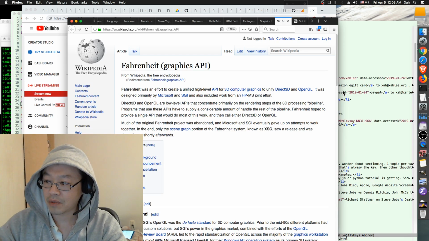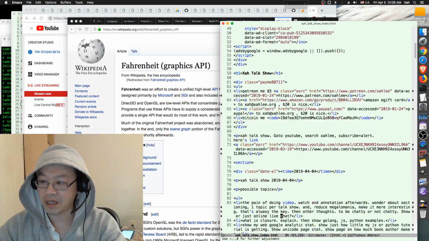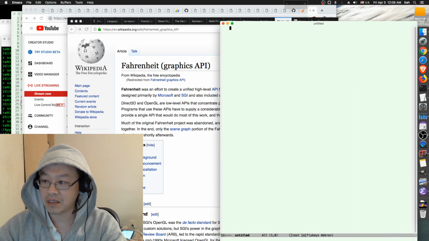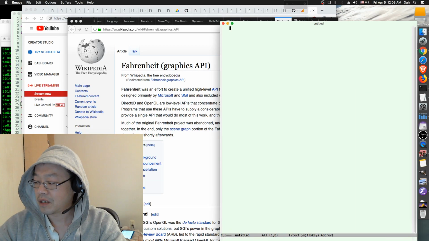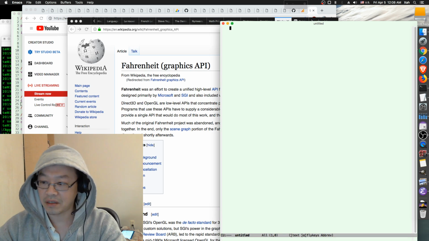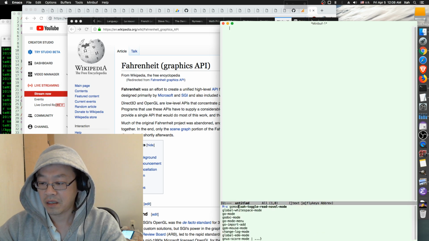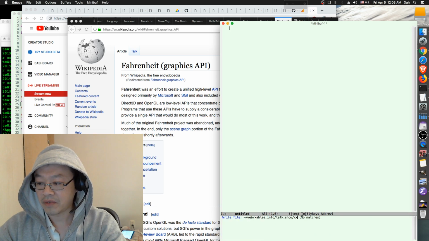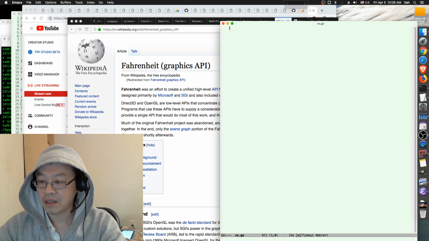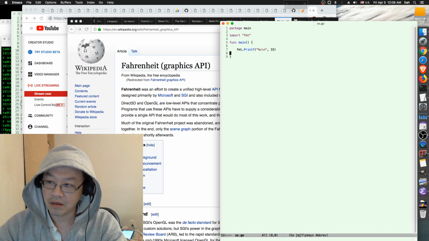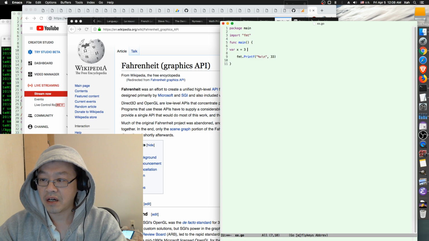Let me give you an example. The basic example today everyone knows is type inference. For example, if you program in Golang, let's set up go mod and save this as xx.go. I say var x equals 3, and print x.